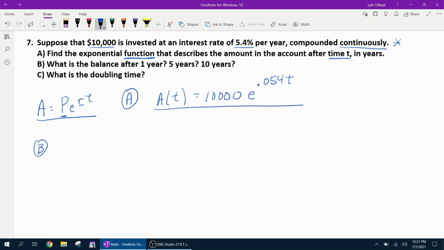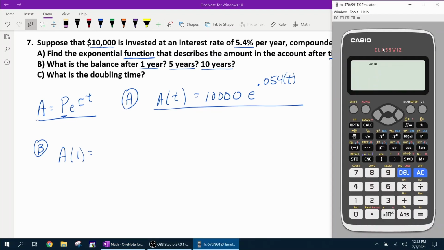Now for part B. It wants to know what is the balance after 1 year, 5 years, and 10 years. And that means we're just going to substitute for t the values of 1, 5, and 10. And that's going to give us the amount in the account. So first we're going to have A of 1 equals, and the easiest way to do that is with our calculator.